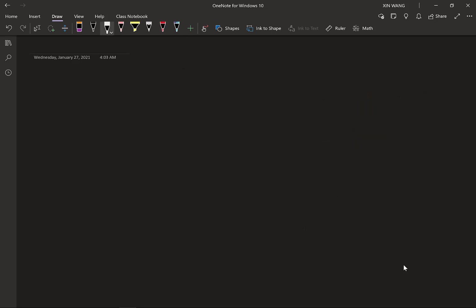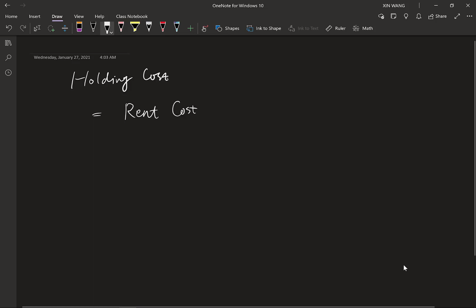Now we can calculate the total holding cost. And remember the total holding cost has two terms. One is rent cost. One is inventory waiting cost.